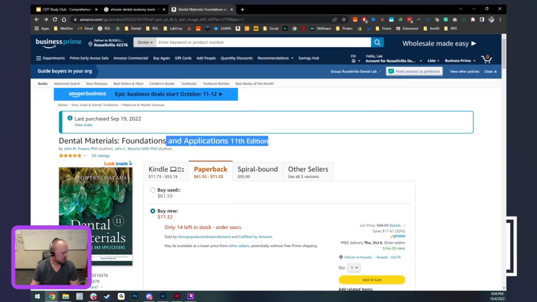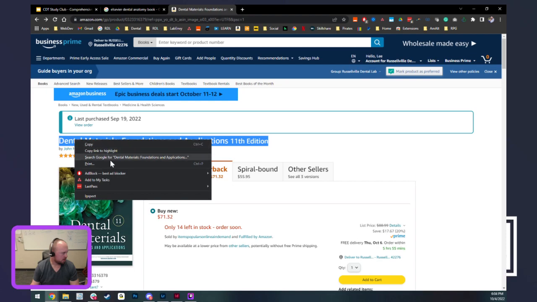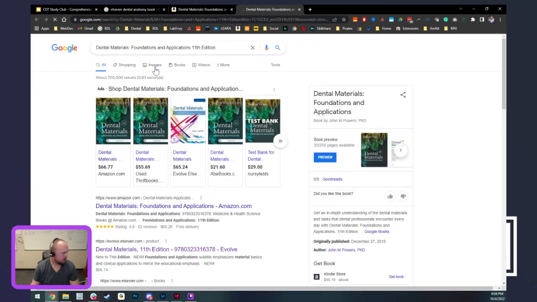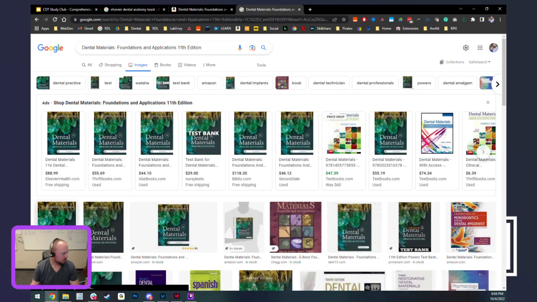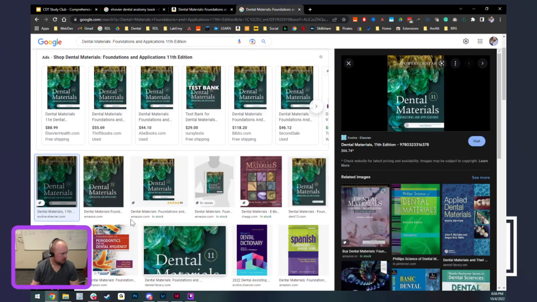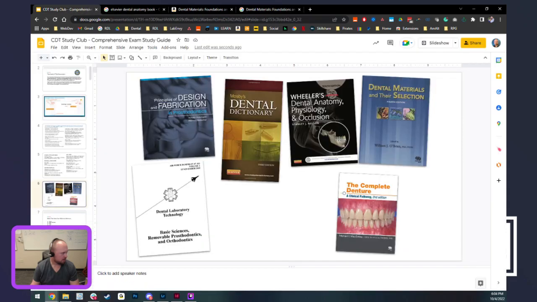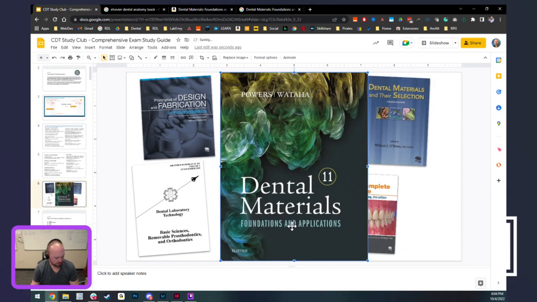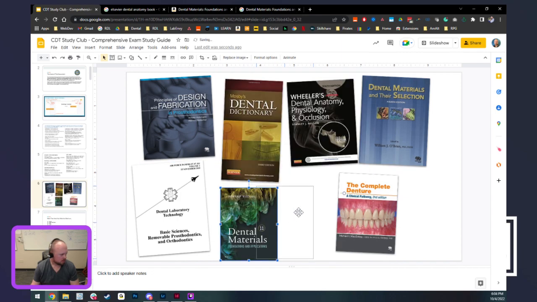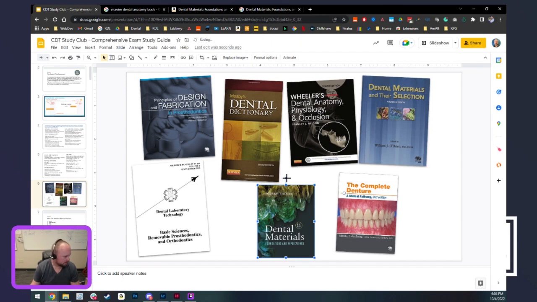So this is Dental Materials: Foundations. Right click, search Google, and I bet if we click on images, we have this right here. I bet that one's bigger. Copy image, pop this in here, Control V. So that's the one that we're kind of using around the lab here.